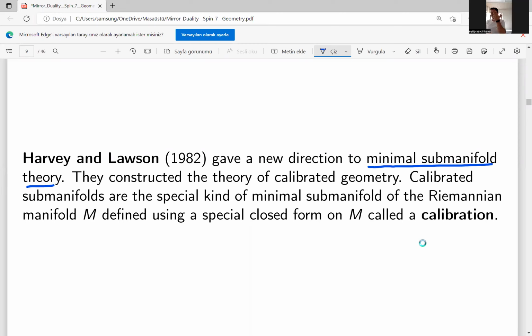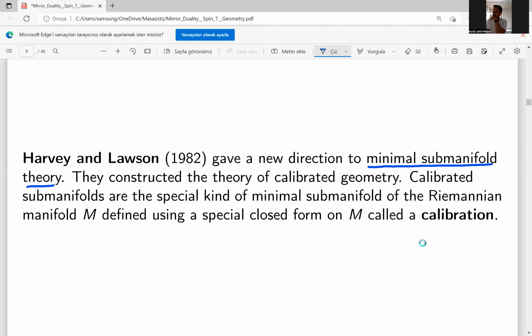Previously, minimal submanifolds were generally defined in R3, and the theory works by calculating the mean curvature and solving the PDE equation, finding a minimal submanifold. Actually, that part uses PDE-theoretic methods and also some geometric construction.